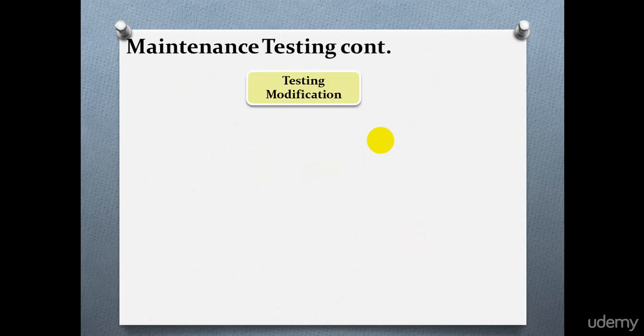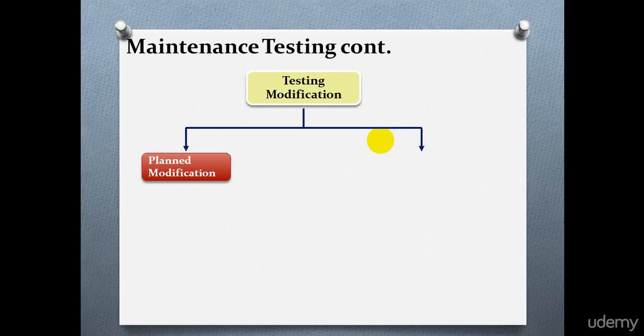Let's continue maintenance testing. One of the main reasons for maintenance testing is that modifications are introduced frequently into the applications. Modifications can be classified as planned modifications and unplanned modifications. Planned modifications account for 90% of the maintenance work.